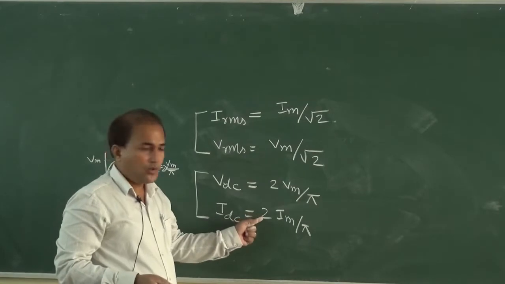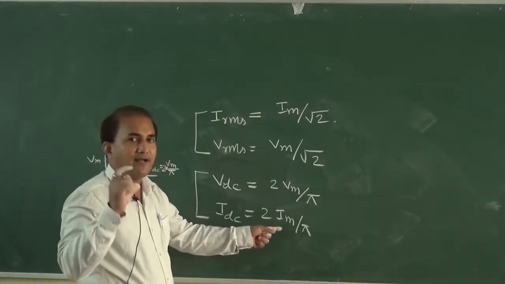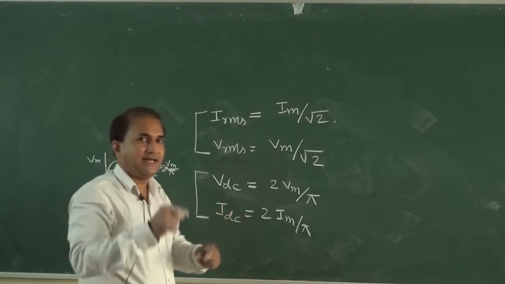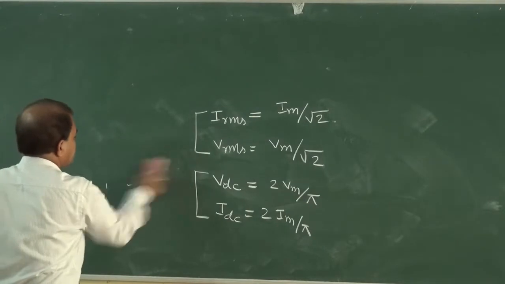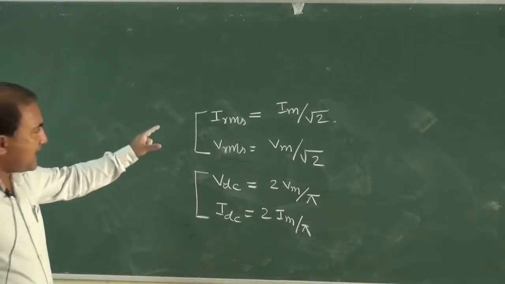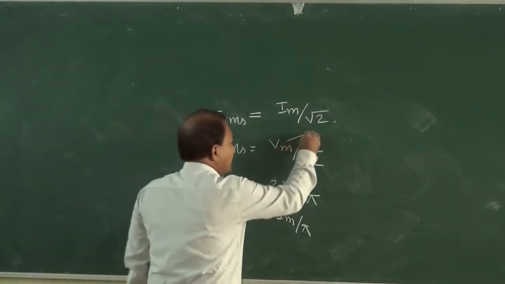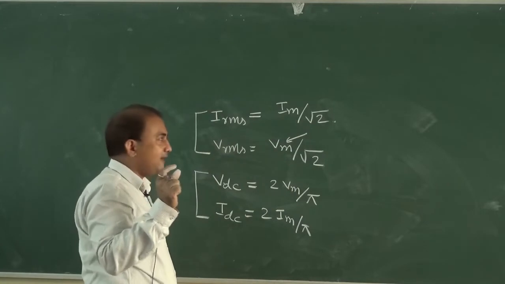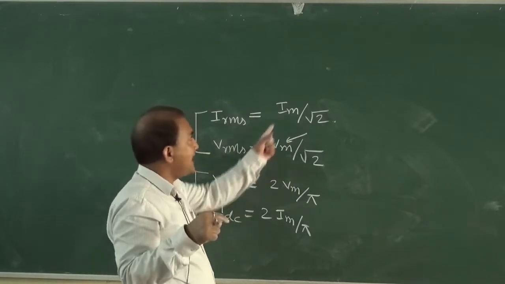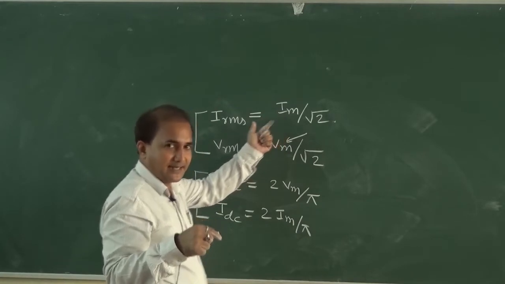For IDC it is again 2 Im by pi, where Vm and Im are the peak values of the input signal. Similarly, IRMS and VRMS can be calculated like this, where Vm is the peak value of the voltage of the input signal and Im is the peak value of the input current.